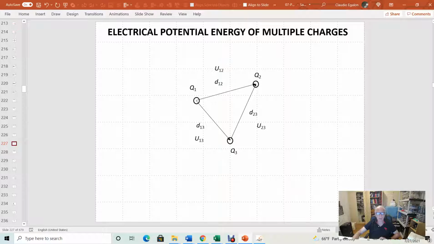They have a potential energy between them. But in the region surrounding those three charges, we are going to have a net potential that's due to the potential of charge number 1, the potential of charge number 2, and the potential of charge number 3.